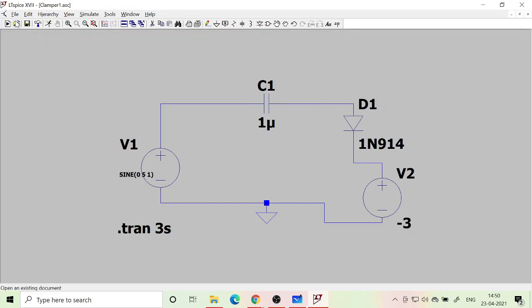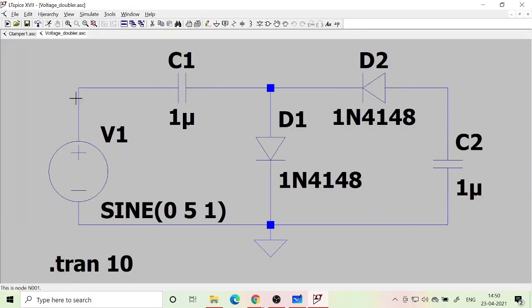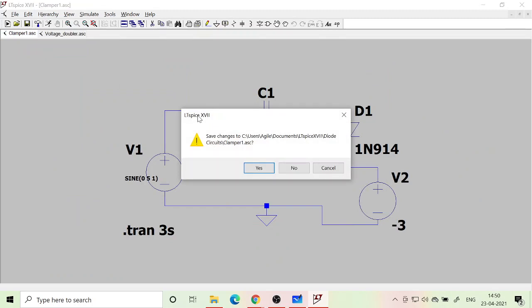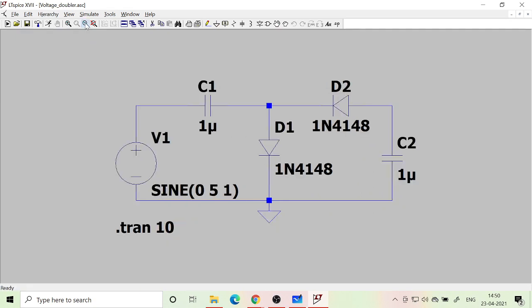Okay, so let's take the last one, which we have seen is voltage doubler. To save time, I have just wired up beforehand. So this is our same circuit which we did.